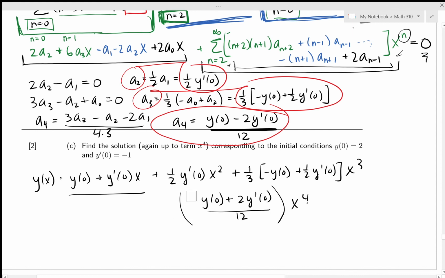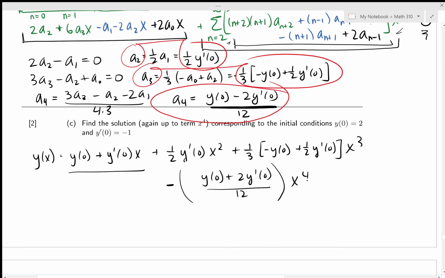I got the bracket here. I want this bracket. Okay, so now it's just a matter of filling in what I've been told. That is y of 0 is 2 and y prime of 0 is -1.